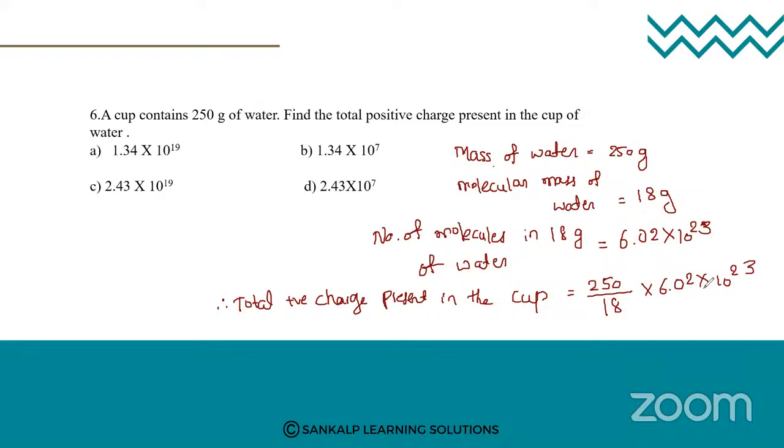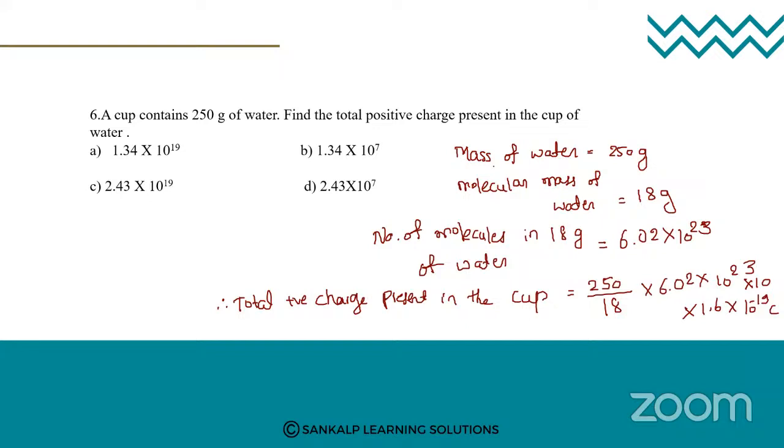Water consists of 2 hydrogen atoms and 1 oxygen atom, so we have 10 electrons and 10 protons. Therefore, we need to multiply by 10 into the charge of the electron, that is 1.6 into 10 to the power of minus 19 coulomb.